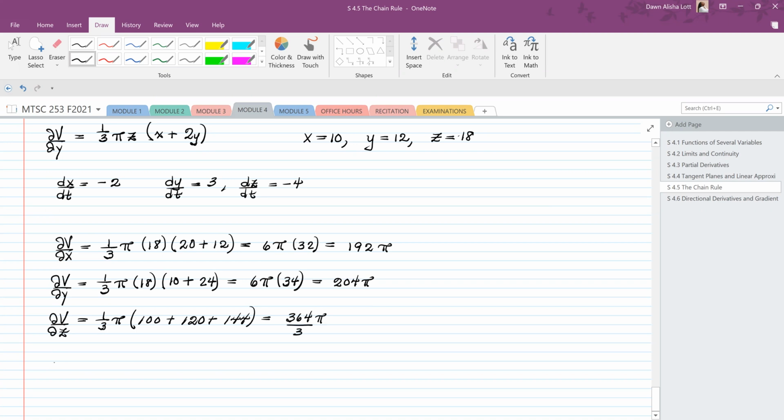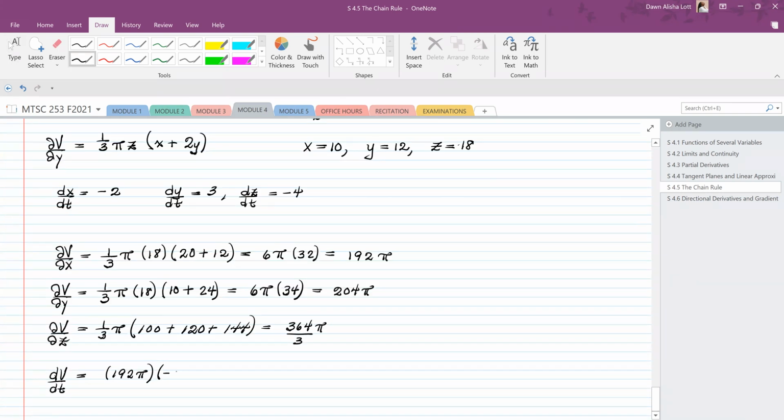Okay, so therefore we get dV/dt turns out to be 192 pi times -2, plus 204 pi times 3, plus 364 pi over 3 times -4.